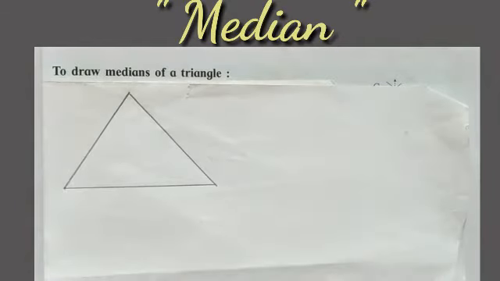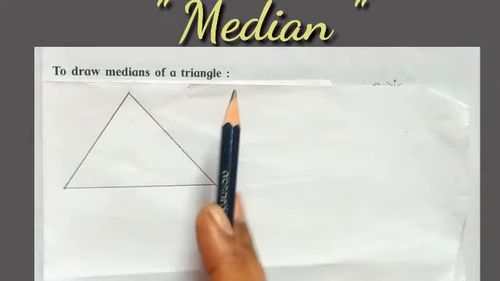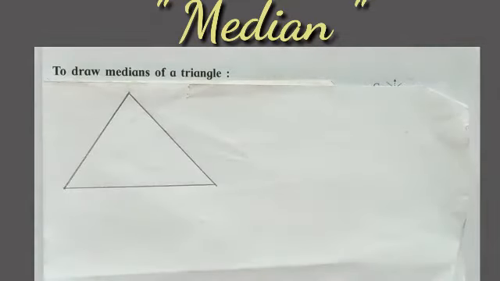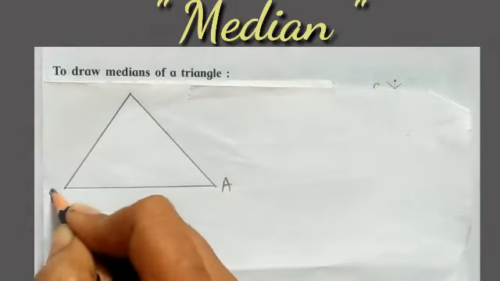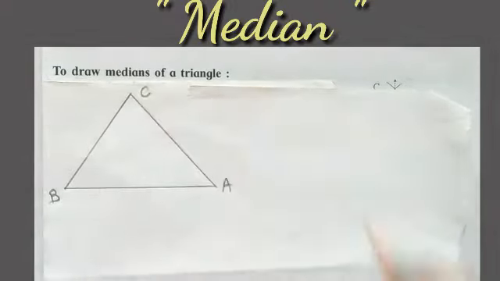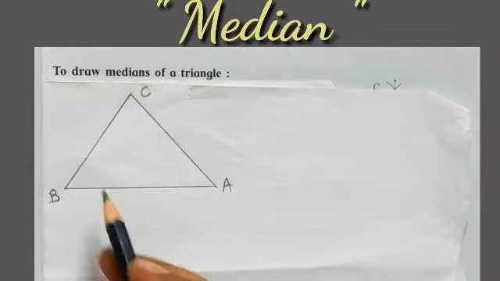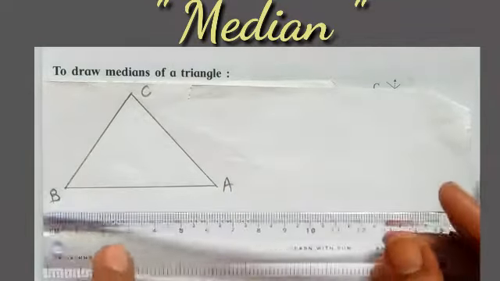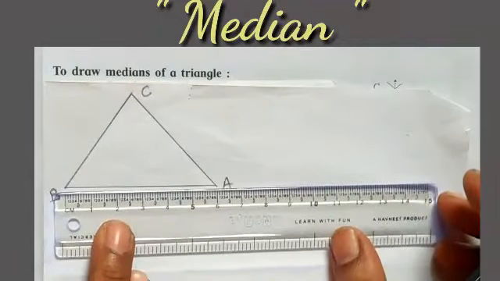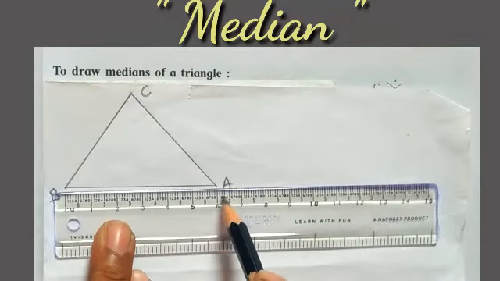Now let's see how to draw the median of a triangle. Here I have drawn a simple triangle with the name A, B and C. Now the measurement of the side BA is about 6 centimeter.